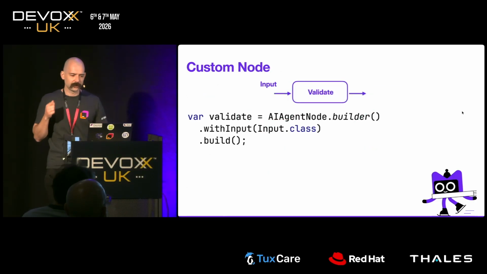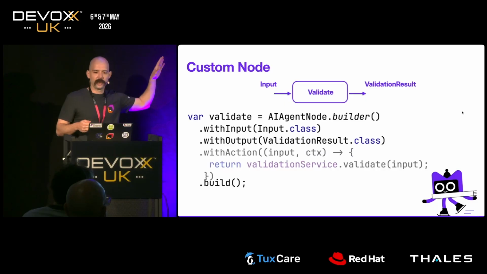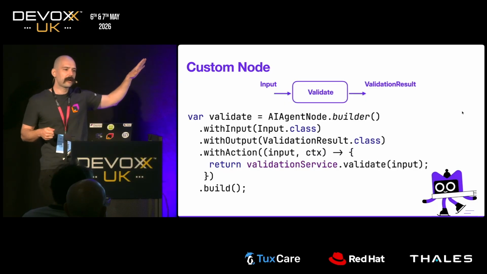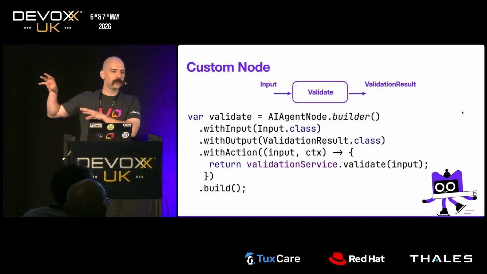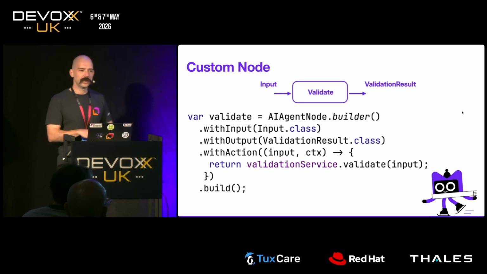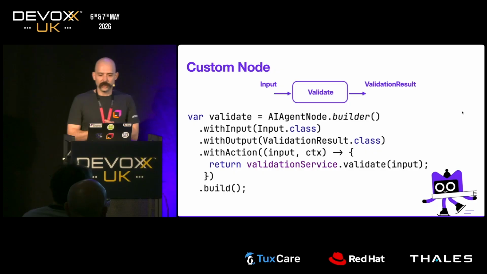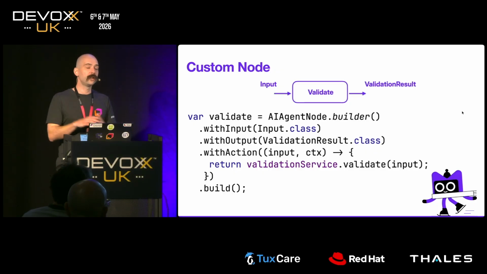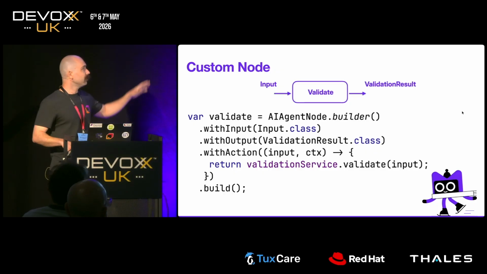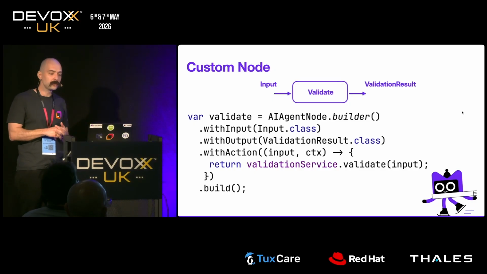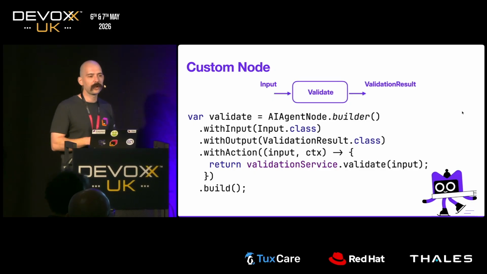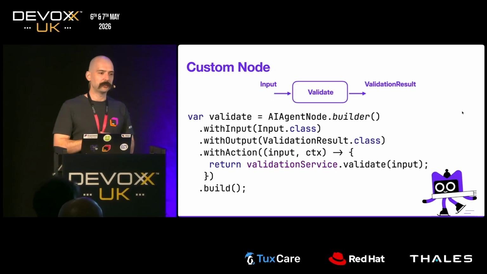So what about custom nodes, right? Because node or subgraph, these are all things that live in our graph that are wired together, and a subgraph is actually a higher level node. Everything is a node underneath. And how can you build your own powerful nodes? Well, you create an AI agent node, you specify the input and the output type, and then you provide a custom action.